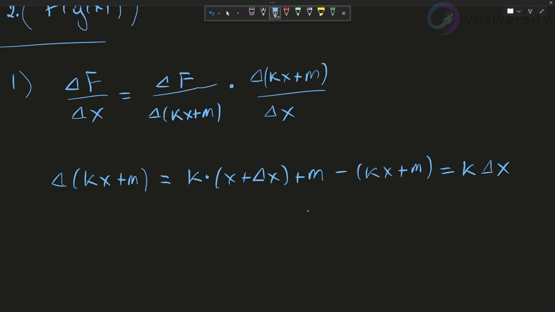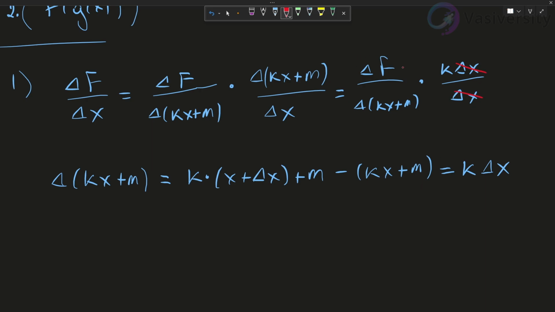If we simplify, this is equal to delta f over delta of kx plus m, times delta x over delta x, and we know that this and this cancel out.